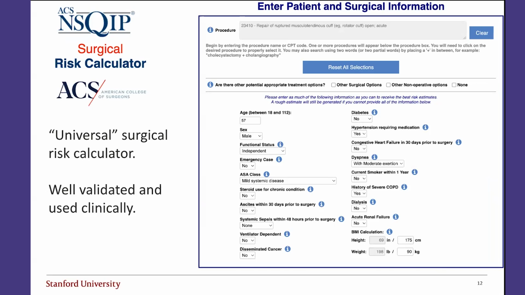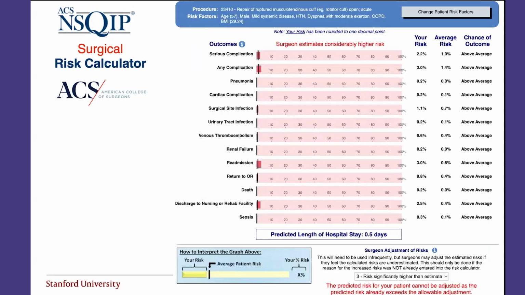Some is a numerical value, some is a binary or categorical value that you then put into this risk calculator. And then it outputs this result where it's predicting different outcomes, the patient's risk relative to the population average, and it's also giving you a predicted length of stay at the bottom.